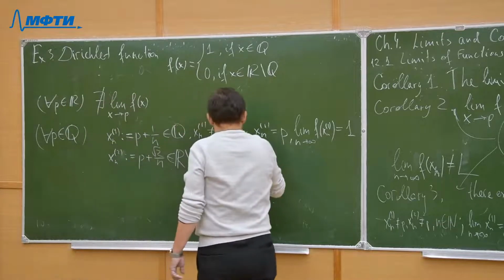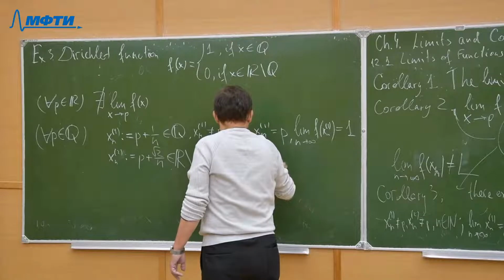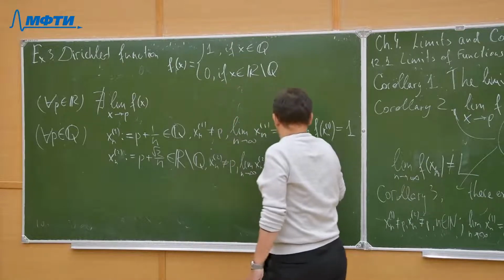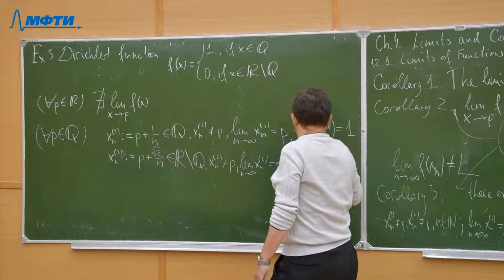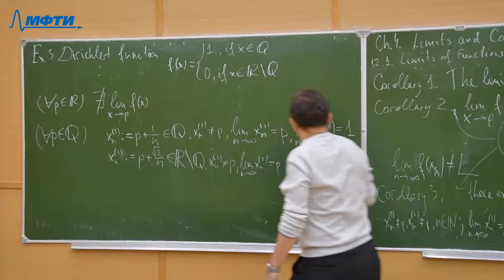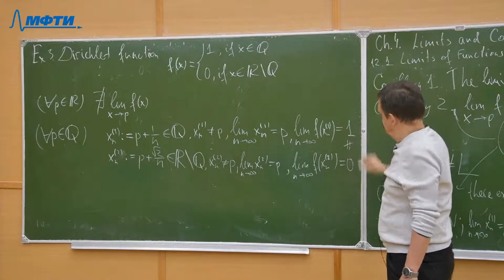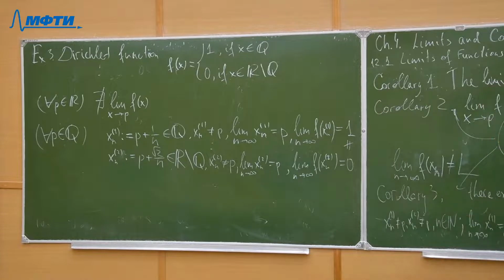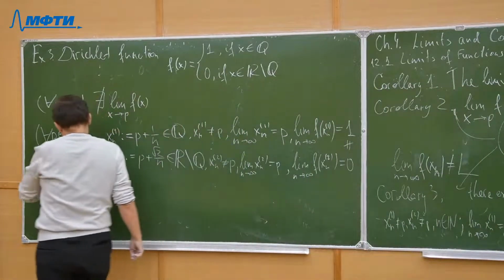The limit of xn2 is p, but the limit of the values of xn2 for an irrational number is 0. So you see they are not equal, and by corollary 2, no limit at a rational point.